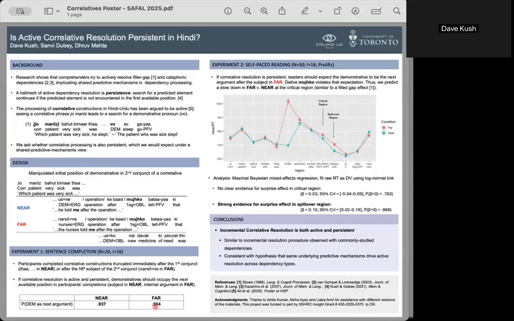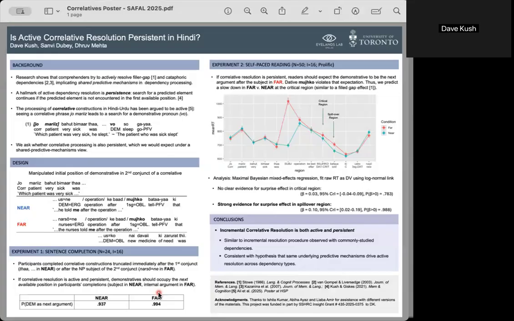So we ran that study with 24 participants online, and basically what we found is that if you look at the probability of the demonstrative being the next argument in their completions, in the near condition, about 94% of the time, and in the far condition, about 99.5% of the time, participants completed the sentence with a demonstrative as the next argument in the sentence.